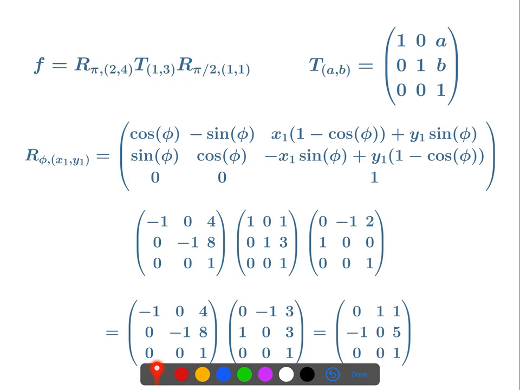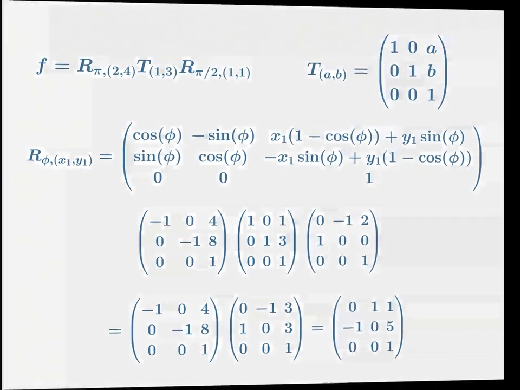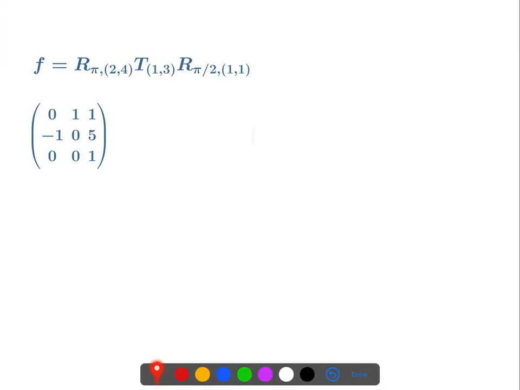So now we can think of F as being this matrix, the product of these three, and we want to apply F to some xy. We're applying it to xy1 here. We just multiply and see the result. So let's look at this. We have F again, and the product of these matrices gave us this.